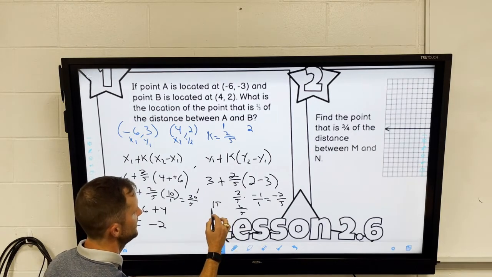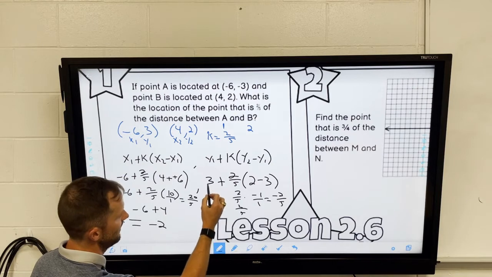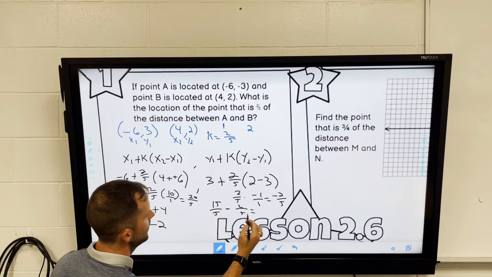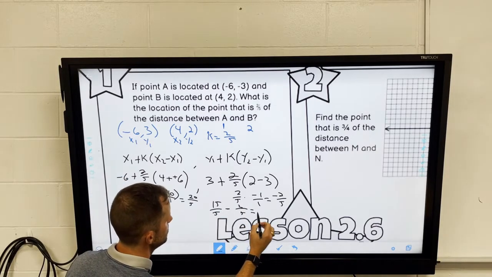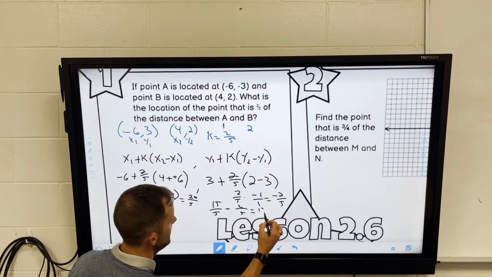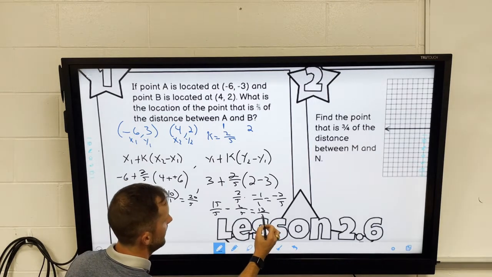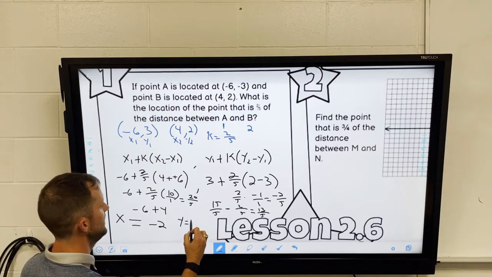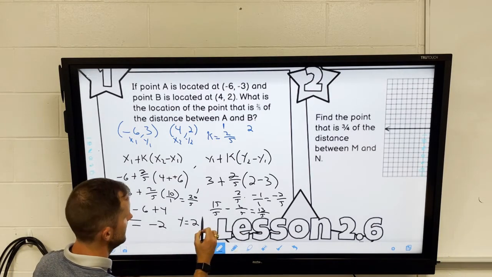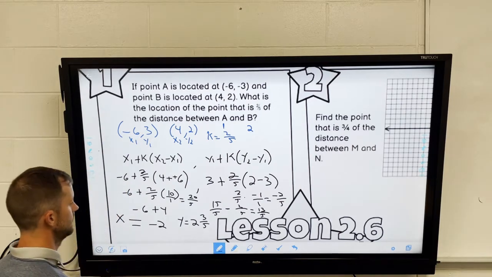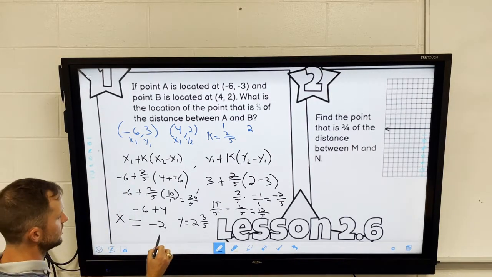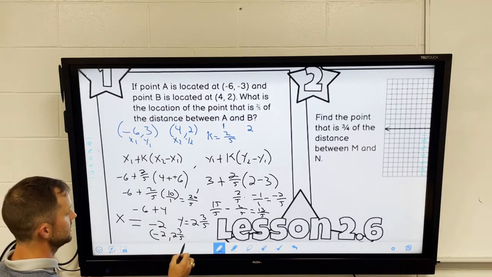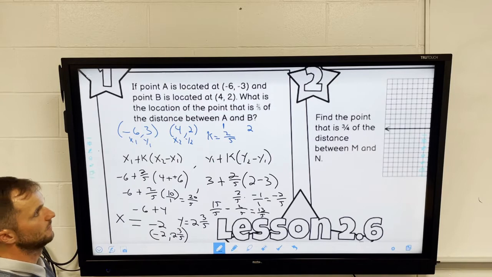I'm gonna do 15 over 5, because 15 divided by 5 gives me 3. And then I'm gonna subtract here. 15 minus 2 should give you 13. And then I don't subtract the bottom number. And then 5 will go into 13 2 times, so y is gonna be equal to 2, because 2 times 5 is 10, and 3/5. So your ordered pair for your answer is going to be -2, comma, 2 3/5. So ladies and gentlemen, that is your ordered pair here, okay?